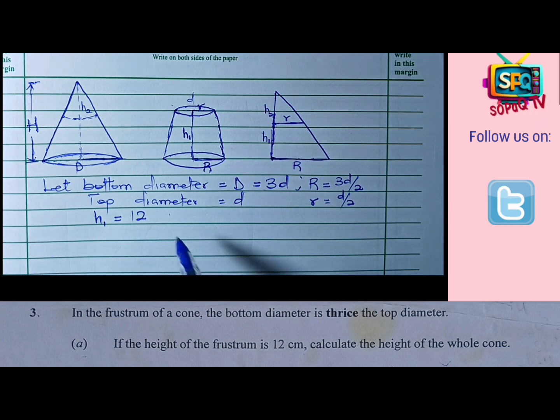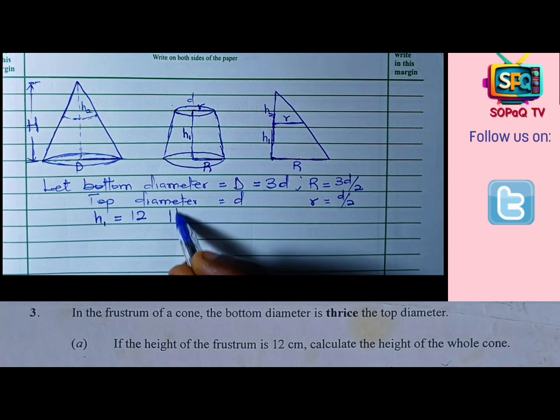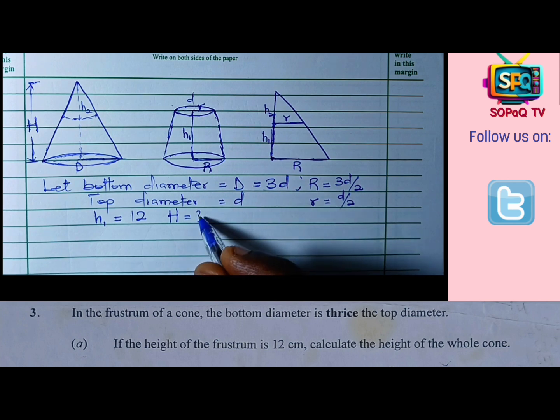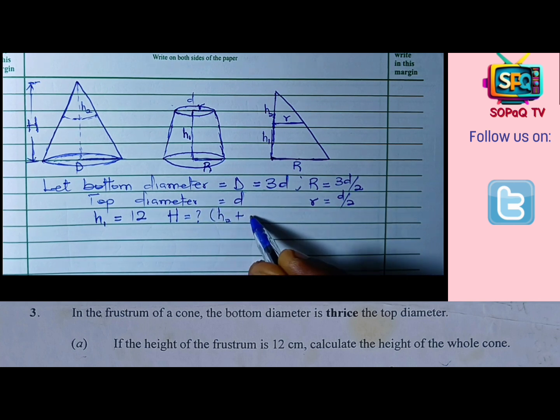That's the height of the whole cone, which is capital H. We don't know. So how do we go about this? We know the full height is, even though not known, H2 plus H1.